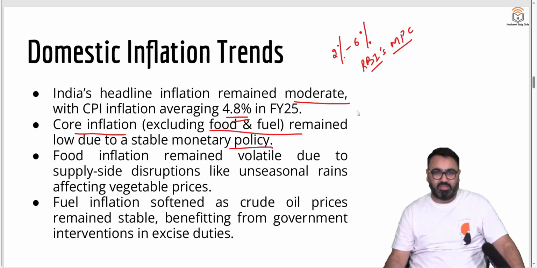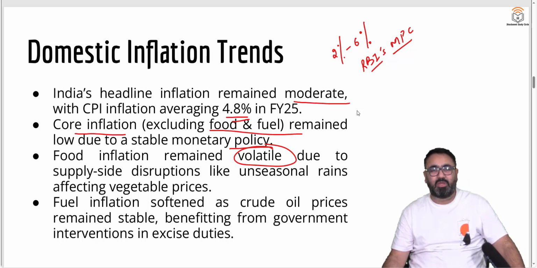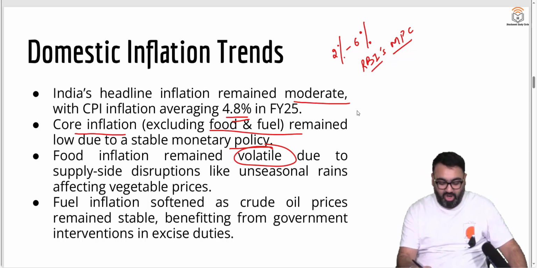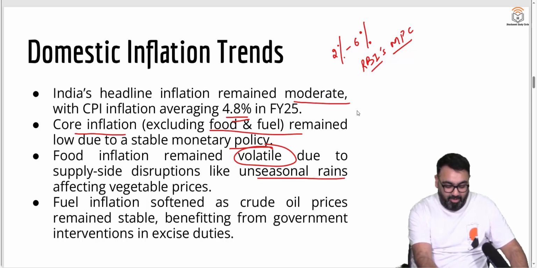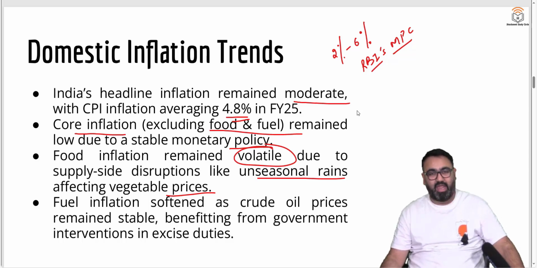Food inflation was a concern, meaning the prices of commodities such as food grains, etc., remained high and volatile. Why? Mainly because the supply chain in agriculture was disrupted by many weather events that disrupted food production. Unseasonal rains affected vegetable prices. Because of unseasonal rains, some of the stocks got destroyed and the prices suddenly increased.